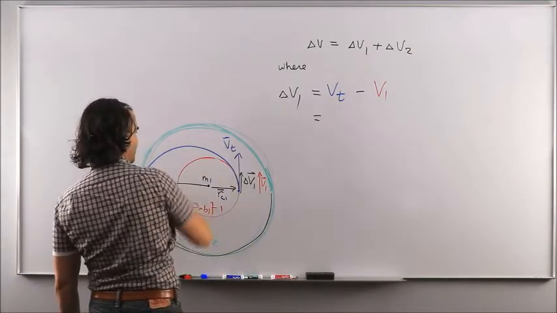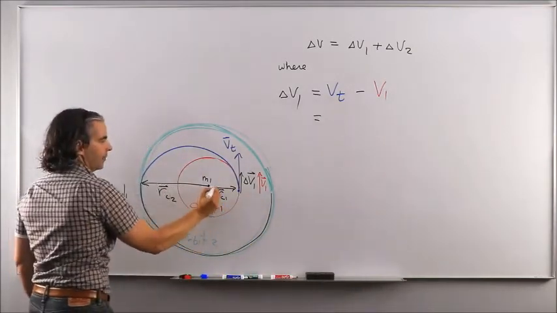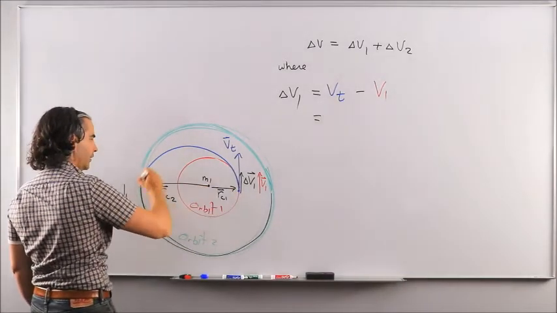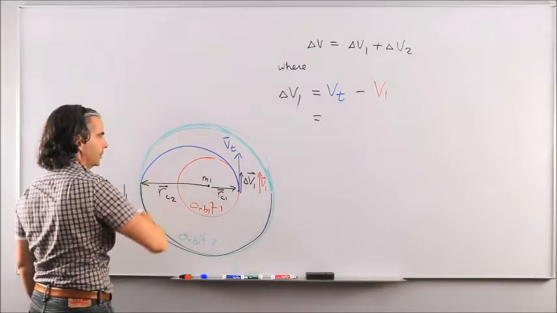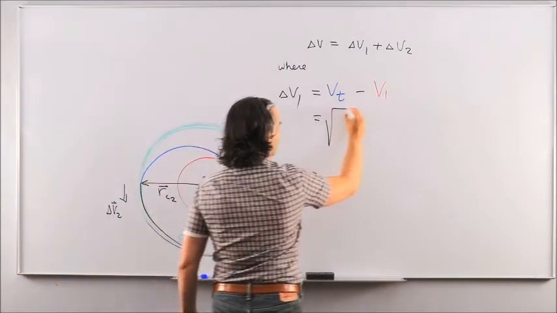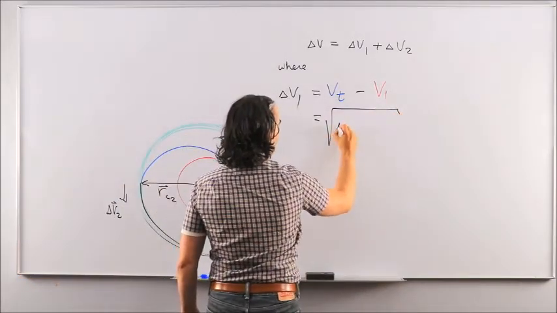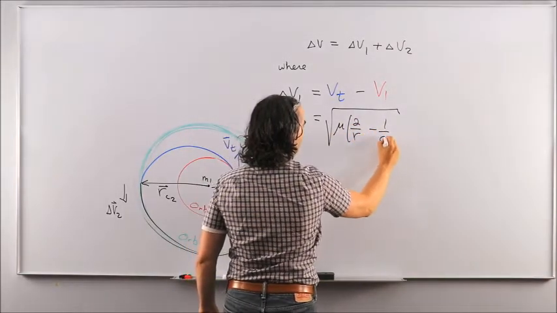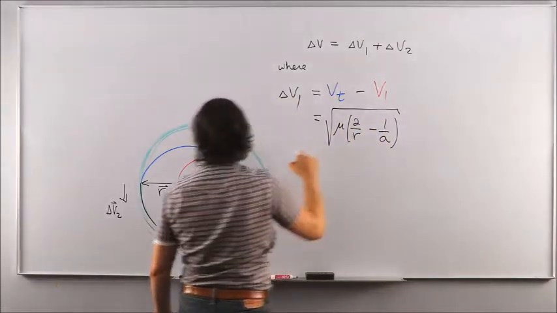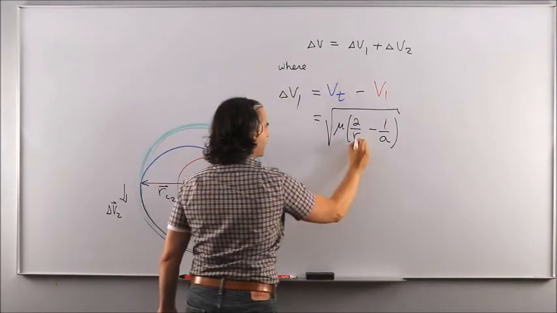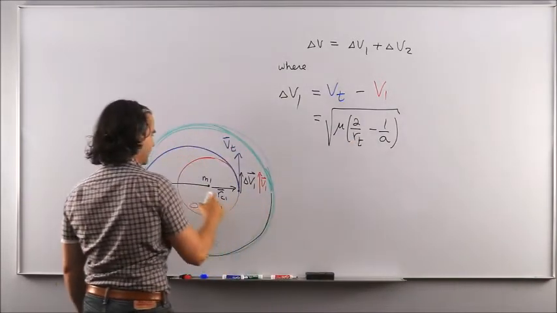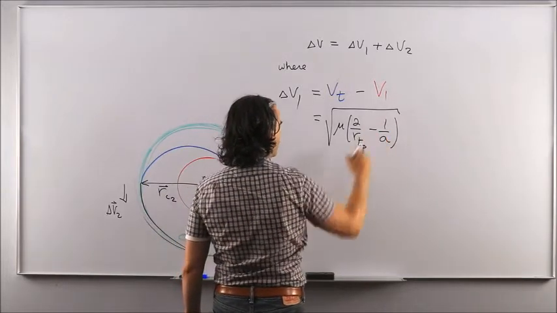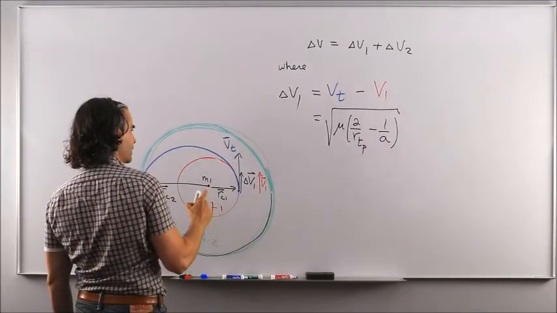This is an ellipse at its perigee, right? Because this is the closest point to M1. If you look at the blue elliptical orbit, so I'm going to apply vis viva: mu times 2 over r minus 1 over a. R of which one? R of the transfer orbit at its perigee, minus 1 over the semi-major axis of which one?